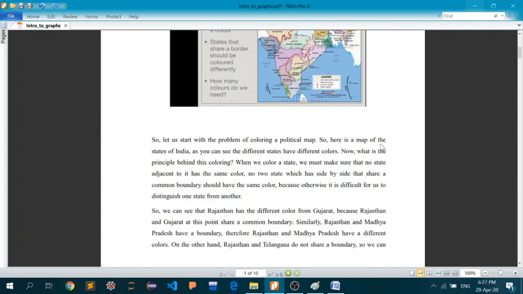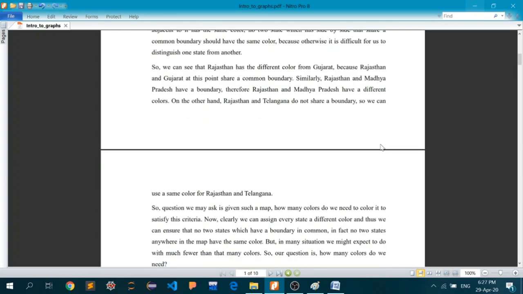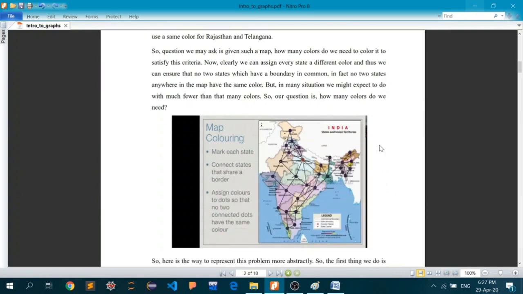So what I have done is, if I have to show the relationship between each state in our nation, I will remove the political map and replace each state with a node, or you can say that each node in this particular graph is representing a state.